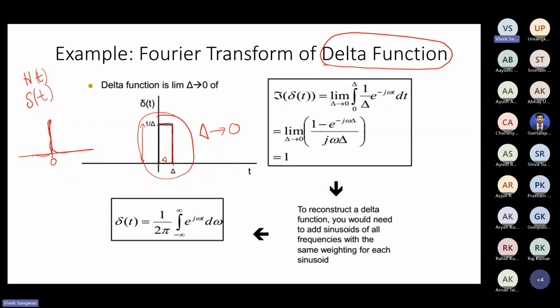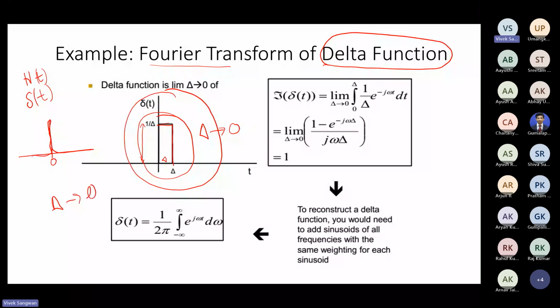So what we will do is compute the Fourier transform of this function first, with some finite delta. And then we will take the limit of that Fourier transform from some finite delta to delta tending to 0.